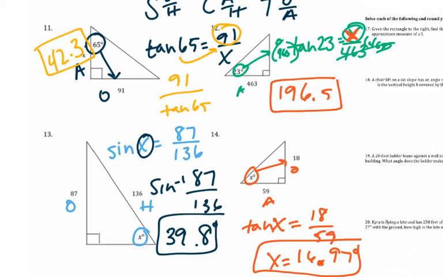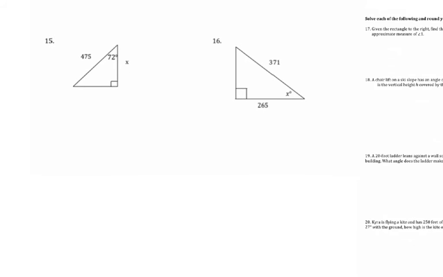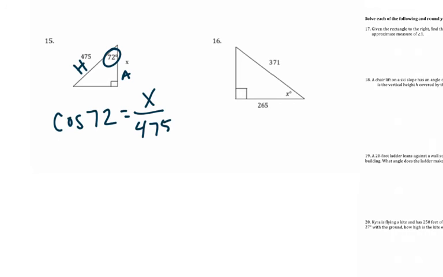Not too bad. Let's try to find 15 and 16. Let's see, where are they at? Here they are. Hello, 15 and 16. All right, number 15, we have an angle. We have an adjacent because it's next to it. We have a hypotenuse because it's across from the 90. So cosine of 72 is the adjacent over the hypotenuse.